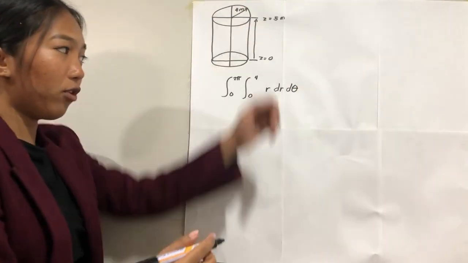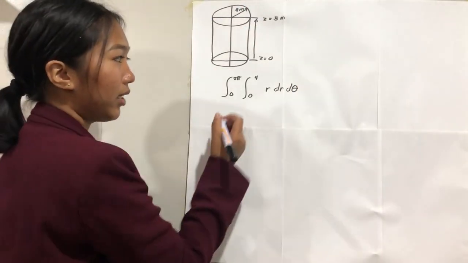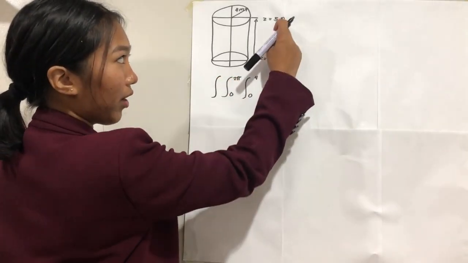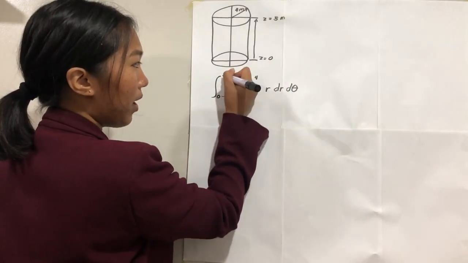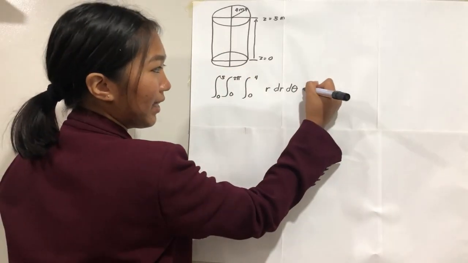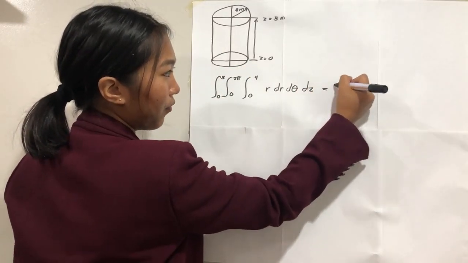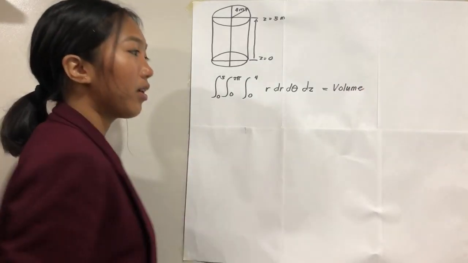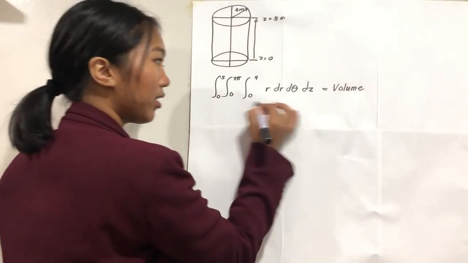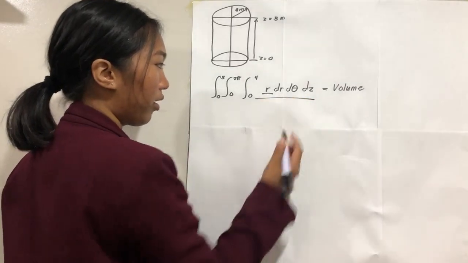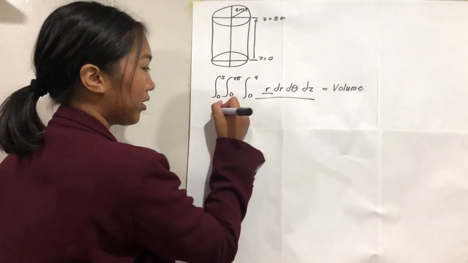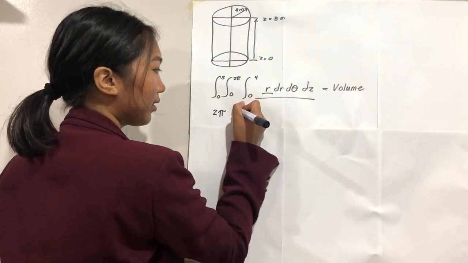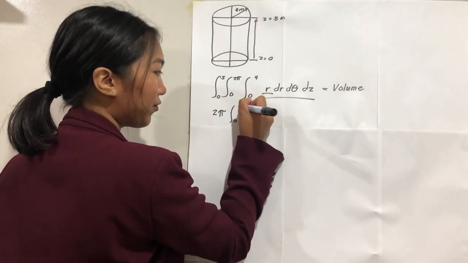Since it involves volume, we're going to add an integral for height, from 0 to 5, dz, for the volume. Now, we're going to integrate this with respect to r.